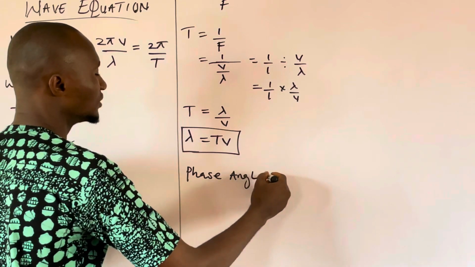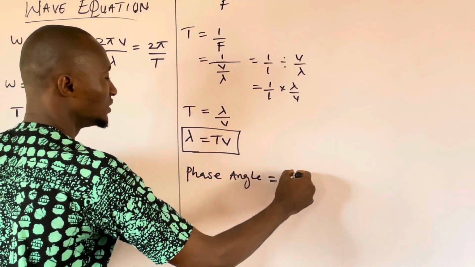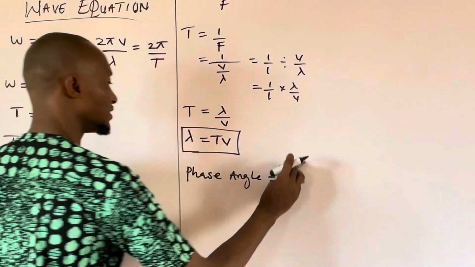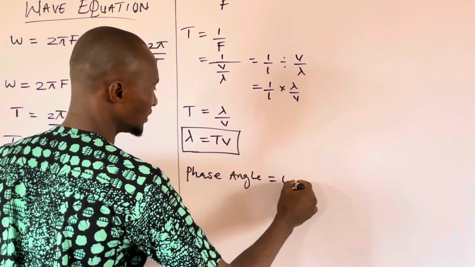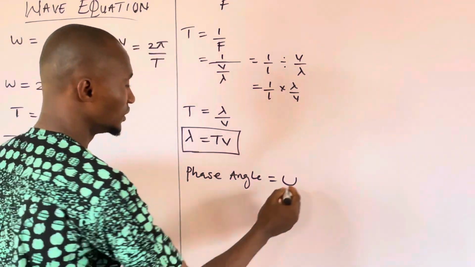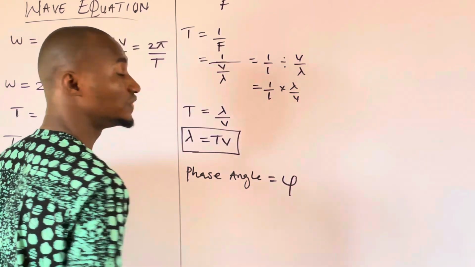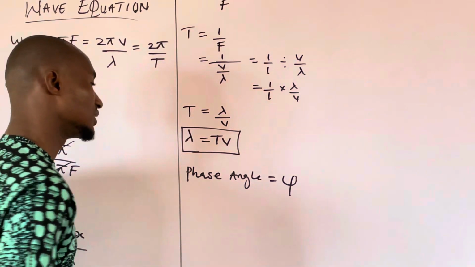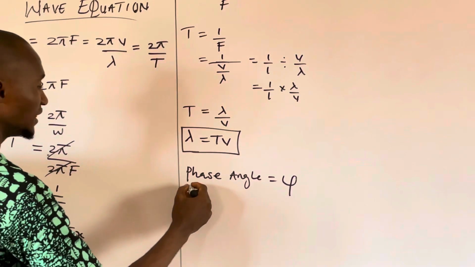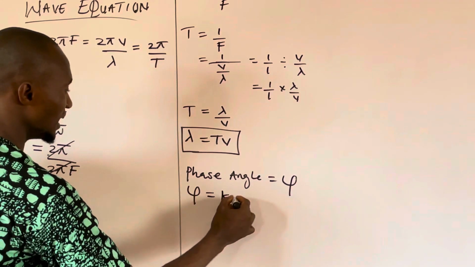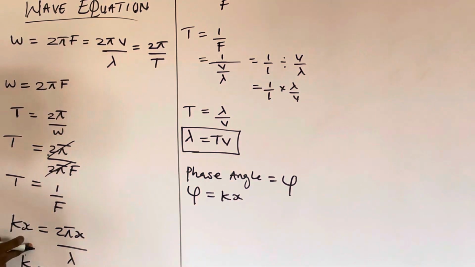How do you write this? Let me show you. First of all, write something like this, then from here, this phase angle is equal to kx, the kx we derived here.